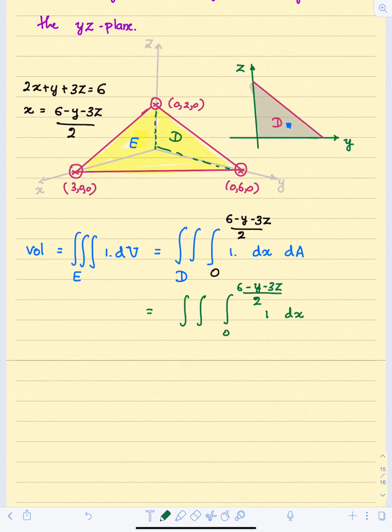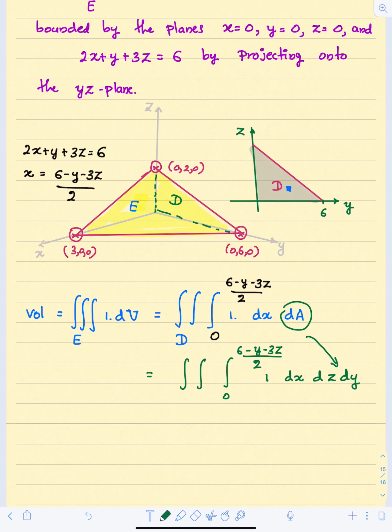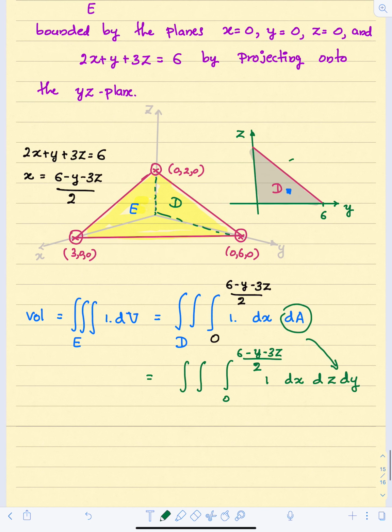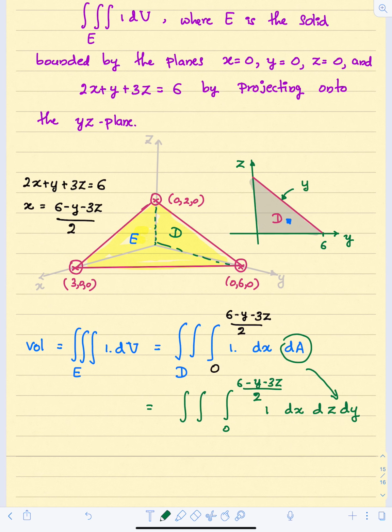Let's say this is dz dy. So this dA equals dz dy. Now this y-intercept is 6, and the equation of this line is y plus 3z equals 6.